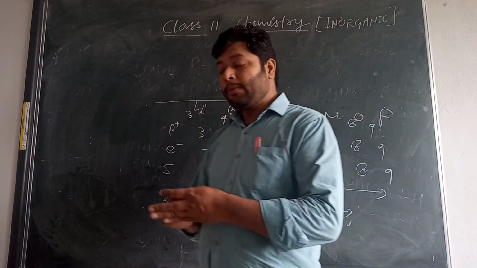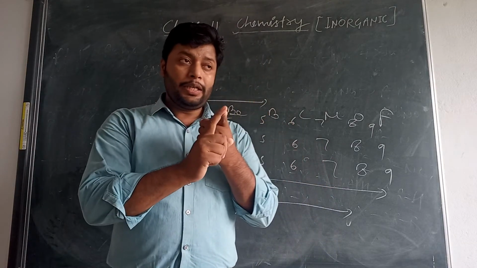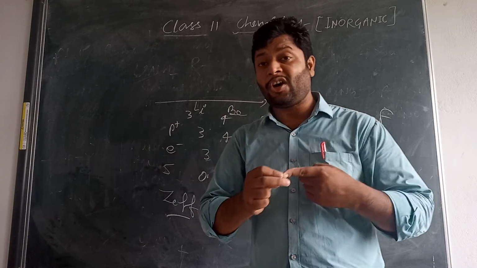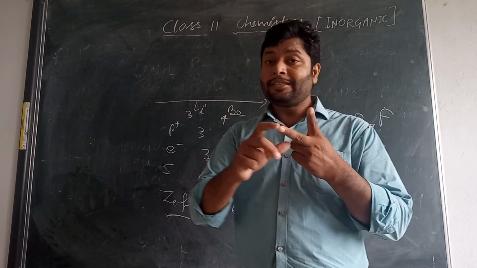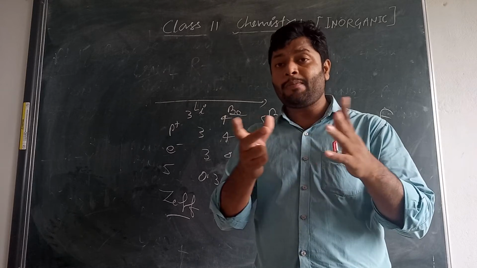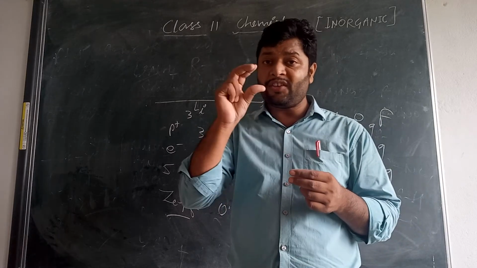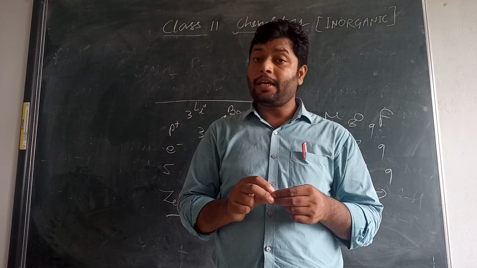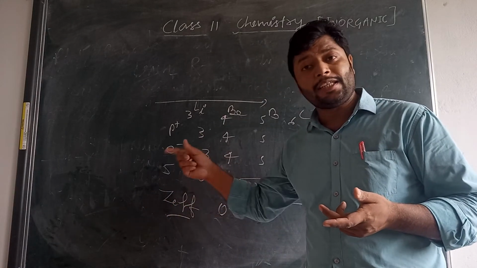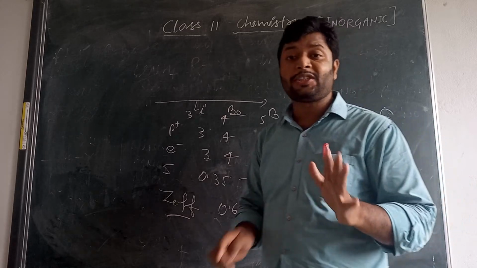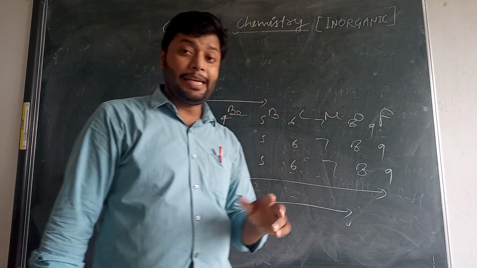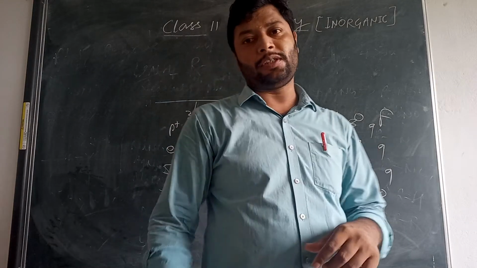So students, moving down the group, size generally increases because of the increase of atomic orbits, but sometimes unexpectedly the size remains almost constant, or there is a low difference of size, or sometimes an increase or decrease in size. This is because of poor screening of the d block electrons and f block electrons.